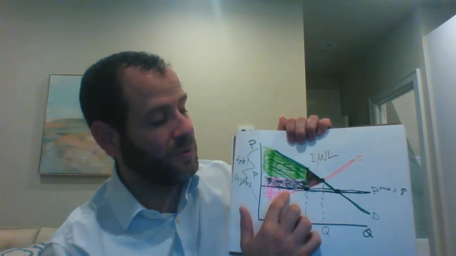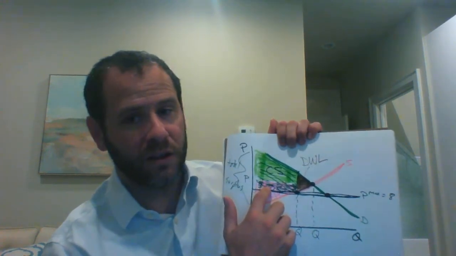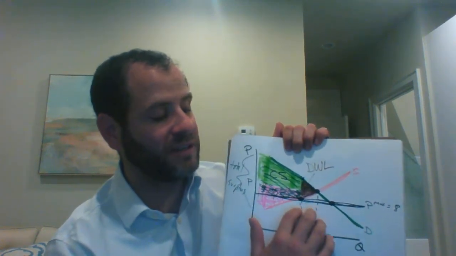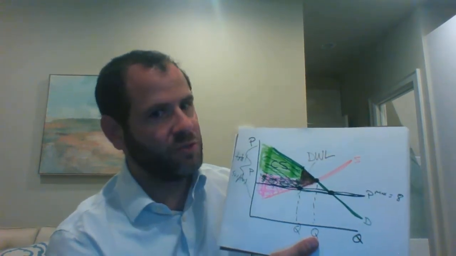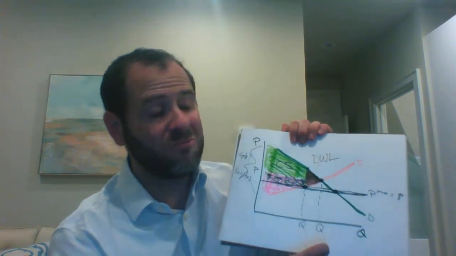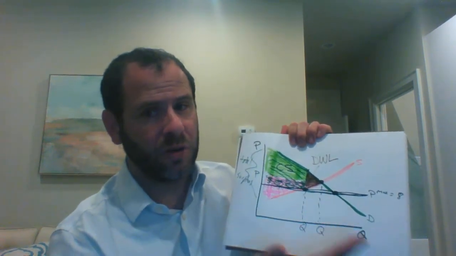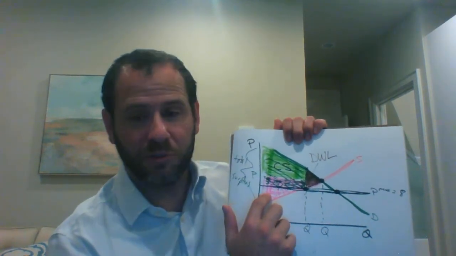So consumers actually do relatively well if there's a binding price ceiling. And again, this fits with an intuition that consumers like low prices. So if there's a binding price ceiling, that's generally speaking good for consumers. Who's it bad for? It's bad for producers, right?